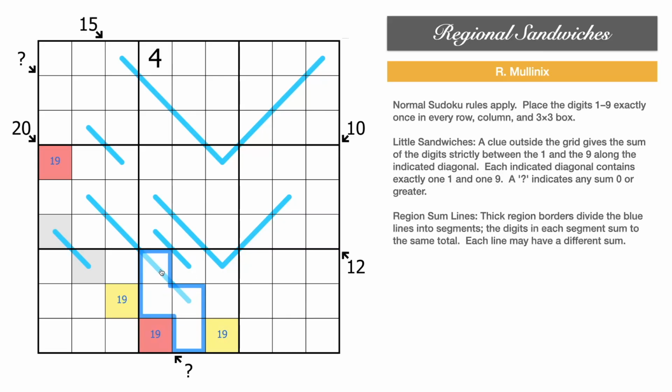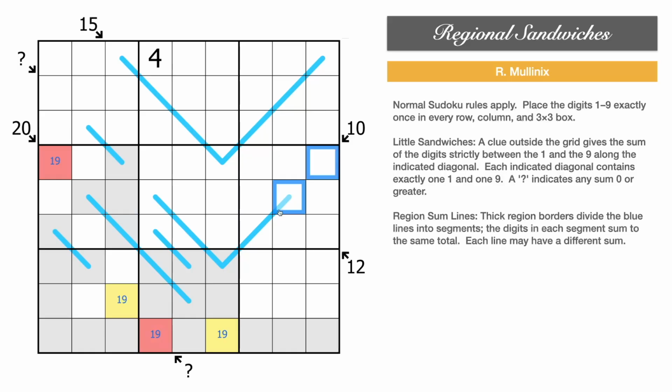Now we can clean up a bit. All these are gray. Remember, anything inside the sandwich is gray also. These are gray because they can't be red or yellow. So red is one of these two. And this can't be red or yellow because it sees both of them.